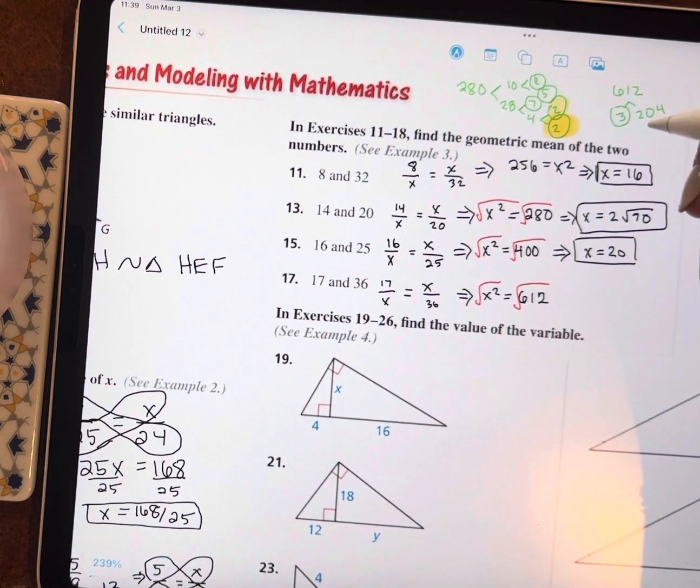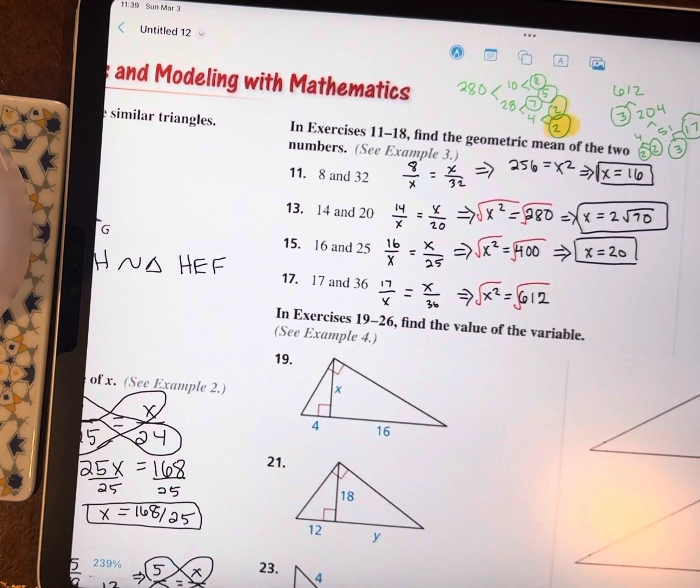I get 204. Okay, I can tell that 204 has a 4 in it. And that makes 51. So 4 is 2 and 2. And 51 is 3, and 3 goes into 5 once, 17 times.